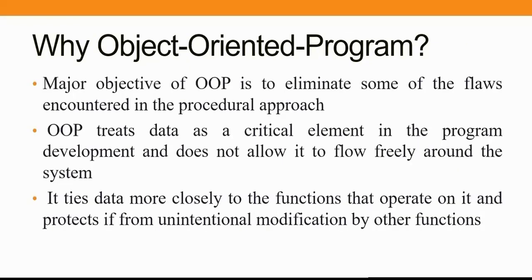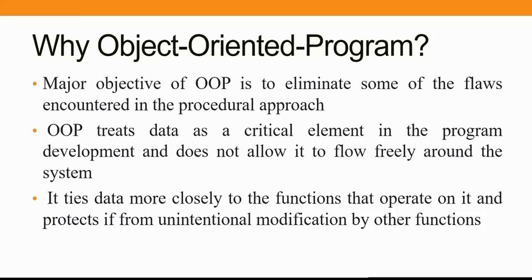Second one is, okay, we know that in object-oriented programming we are going to treat everything as an object. So to implement the program, we are going to use classes and objects. That's okay. Then why object-oriented programming? What is the need? Is there any use for us in using object-oriented programming? Because before object-oriented programming, I'm sure you know we were using procedural programming, right?